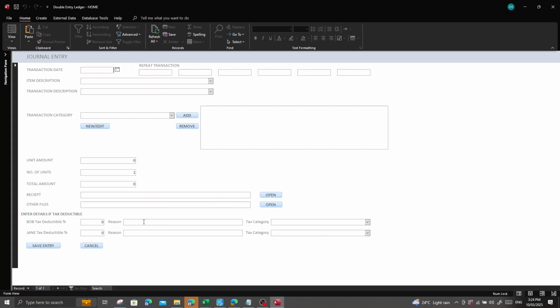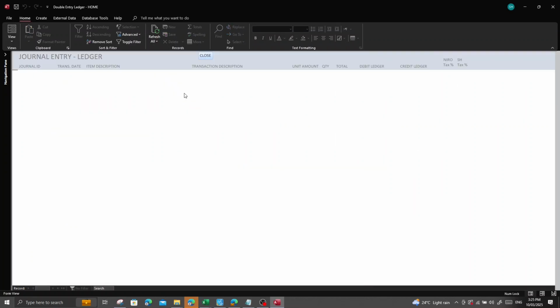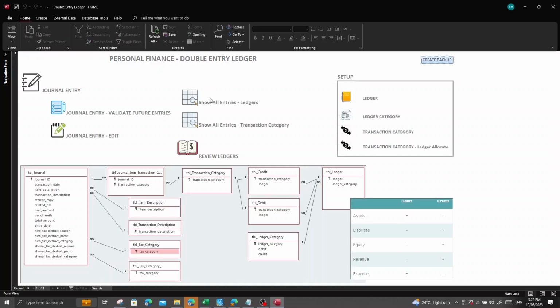We will go through this a bit later on, and these are currently empty because I've not entered any transactions. So this table structure illustrates the underlying structure of the database.